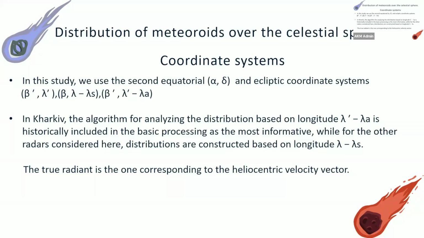So the true radiant is the one corresponding to the heliocentric velocity vector.